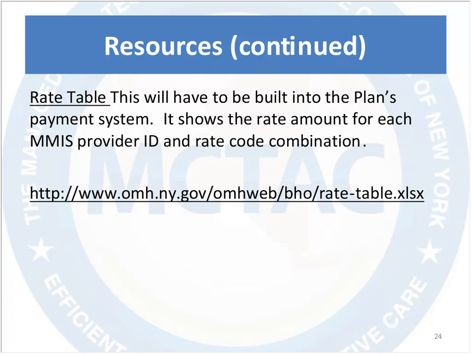So I strongly recommend, because your agency should be listed in this rate table for billing your current services, that you pull that Excel spreadsheet up off the OMH website, take a look at your MMIS provider ID, and make sure that the breadth of services that you anticipate and expect to be there are in that document.